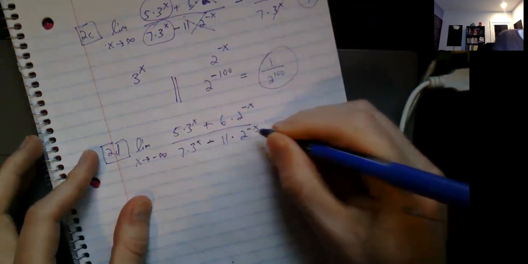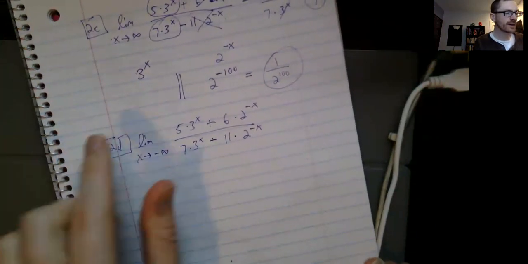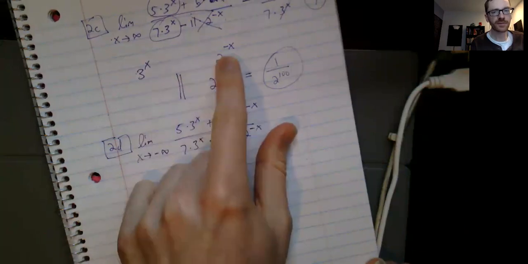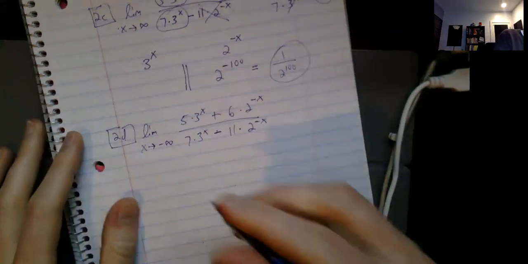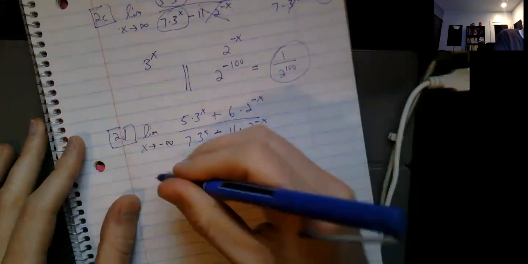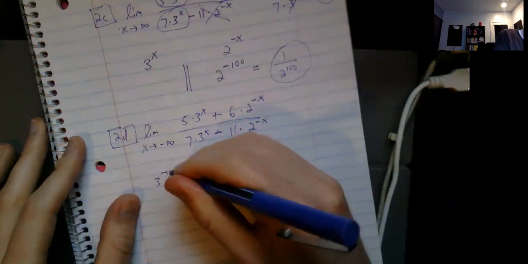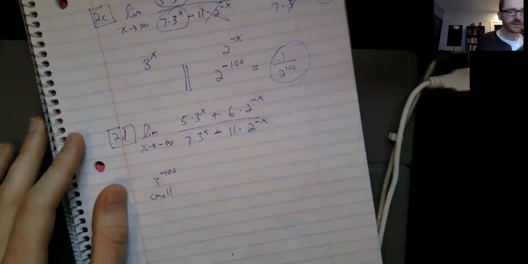the situation is reversed, right? Let's again consider what happens to this expression and this expression, but this time asking what happens as x becomes a very, very large negative number. Well, if you plug a very large negative number into this guy, you get 3, say, to the -100, which is a very, very small number, right?